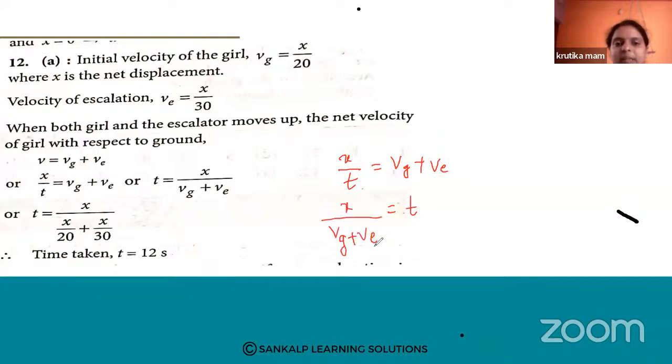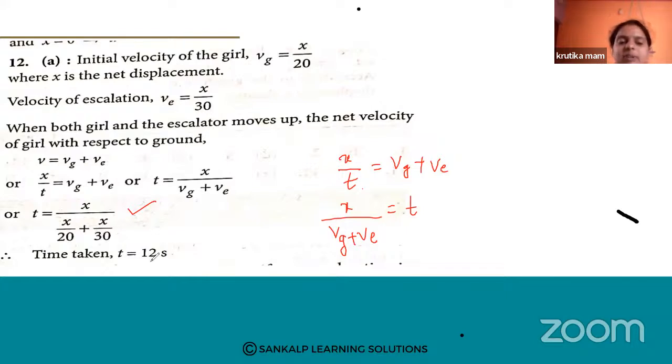Correct? So therefore here we have the velocities. So the two velocities are there in the above equations. You can substitute that. So what happens, you can see here, it is x divided by x by 20 plus x by 30.